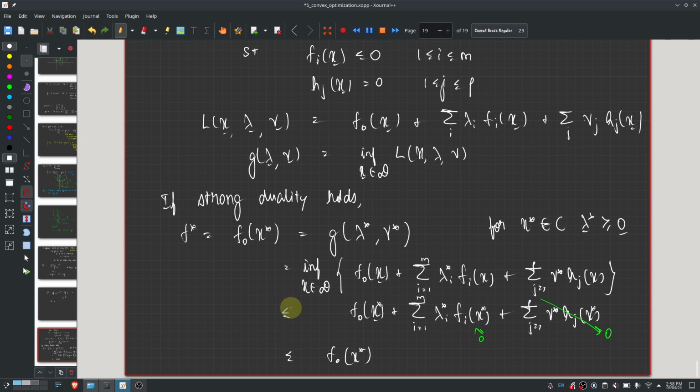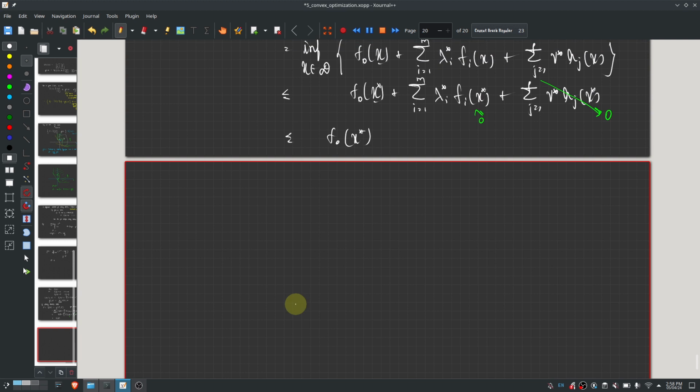So as long as strong duality holds, then you must have this being an equality and this being an equality.